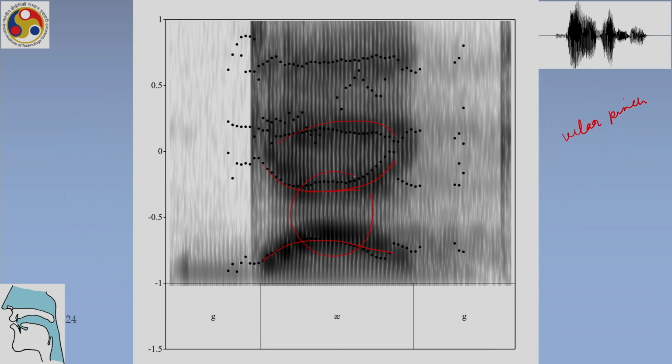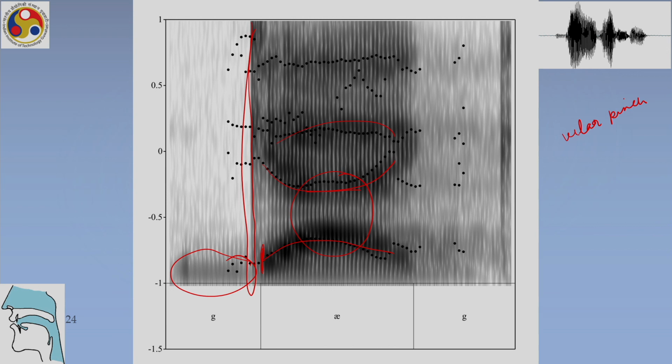And similarly again we see a burst, a release spectrum before the start of the actual formants. We see a strong burst spectrum, and we have a voicing. You have periodicity here, which shows that g is a voiced consonant, and then we have this burst spectrum.